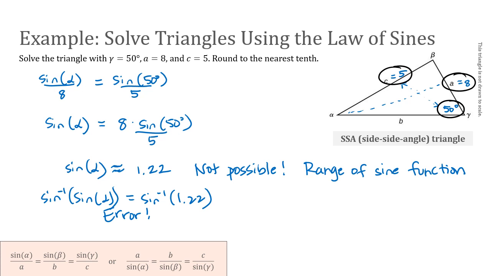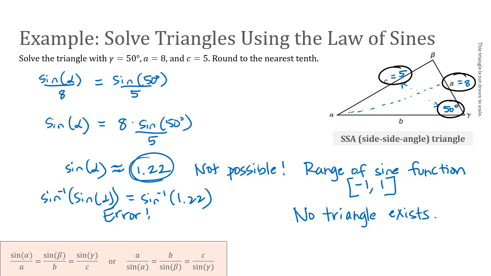The range of the sine function is from -1 to 1. It can't be any smaller than -1, and it can't be any larger than 1. So having an output that's larger than 1, that's what's causing the problem. And we say that in this situation, no triangle exists.